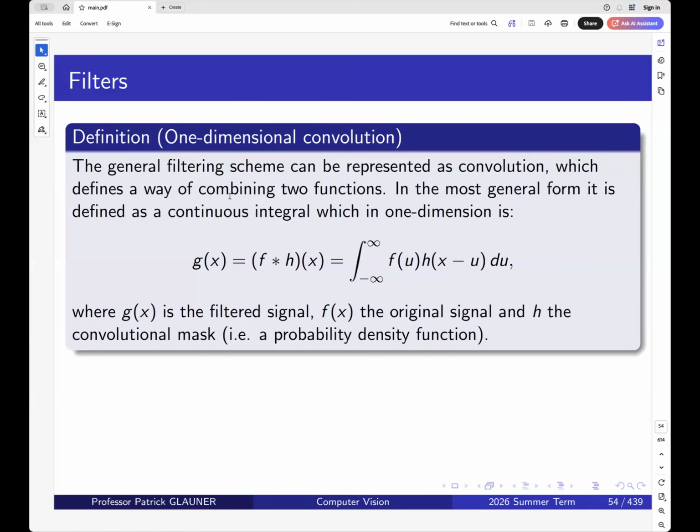So not just the local average filter, but in general so-called filters. It's a way of combining two functions. One function would be reading out from the source. So f would be the original signal, that would be the image, and h would be a so-called convolutional mask. And what we build here is the convolution of f and its mask. That would lead to a so-called filtered signal, which is our result.